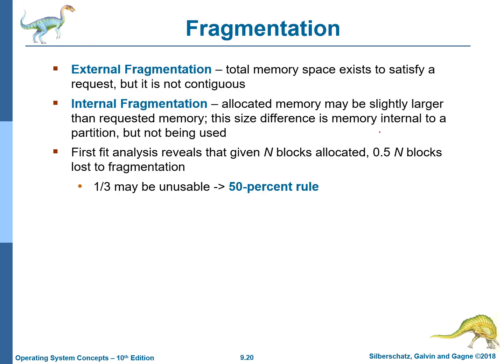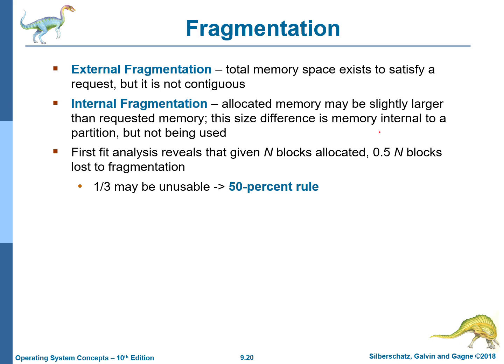Now fragmentation, I have already told you that we have two types of fragmentation. Internal fragmentation is when you have some memory wastage inside a partition, and external fragmentation is when the internal fragmentation is cumulatively combined.